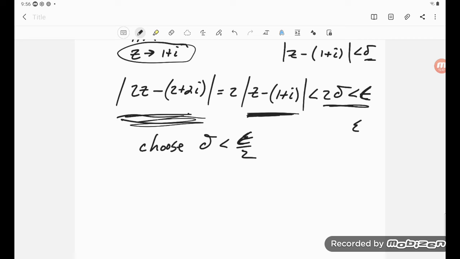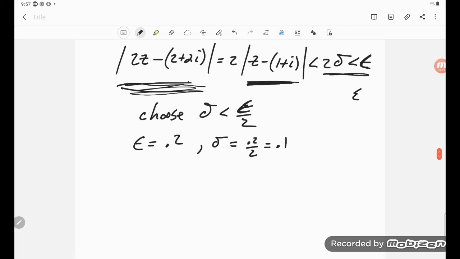So suppose you gave me an epsilon equal to, let's make it easy to work with, 0.2. What that means is I'm going to choose delta equal to 0.2 over 2, equal to 0.1.